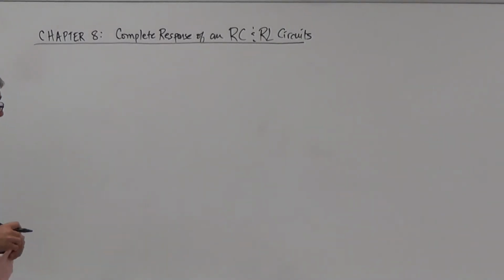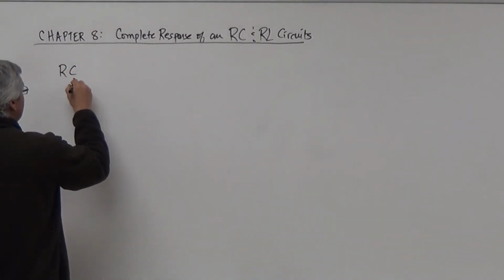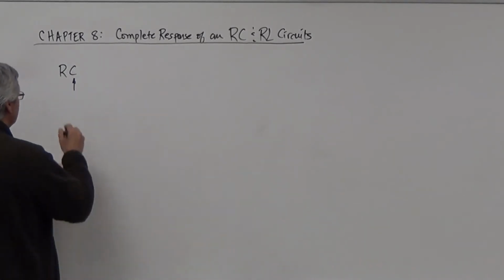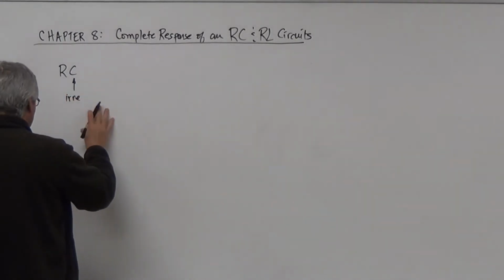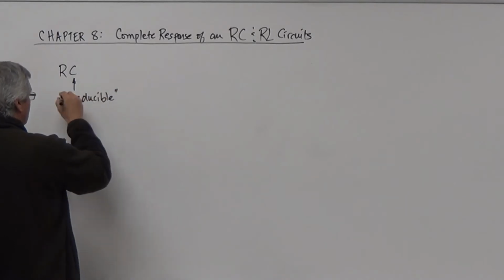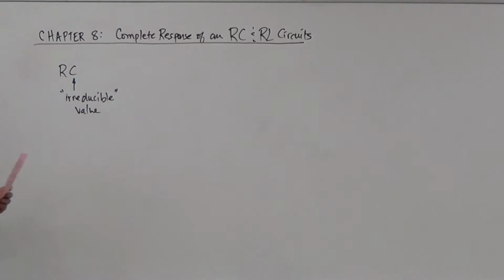We have an RC. When I say C, this means that I could have multiple capacitors, but I have to be able to reduce all the capacitors into one irreducible value. That means I can't break it down anymore.